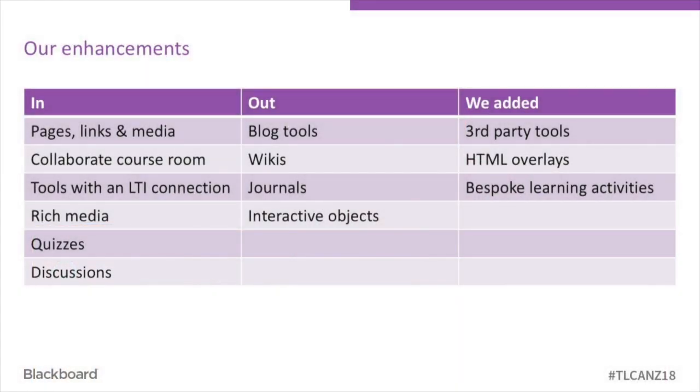We made use of third-party tools to make sure that we still have the functionality of some of these tools that we didn't see. And all this enabled us to create bespoke learning activities that were really targeting the needs for the course and were really aligned with the outcomes that students needed to achieve.